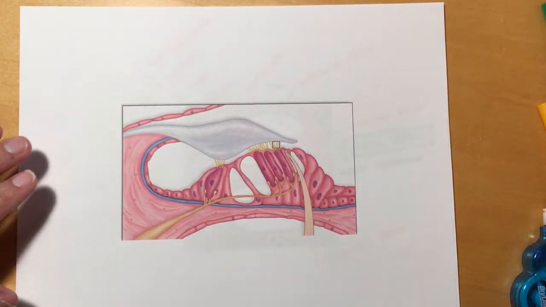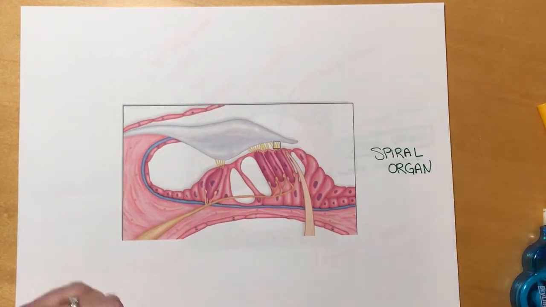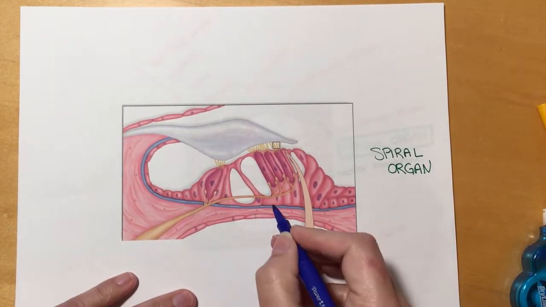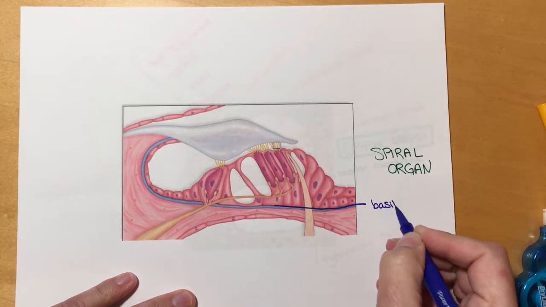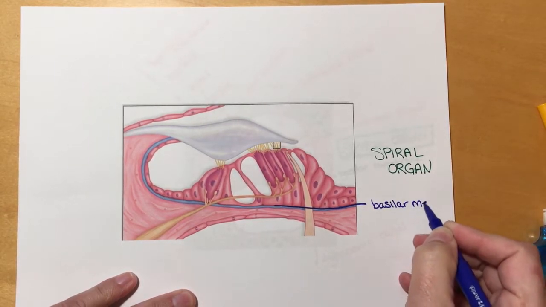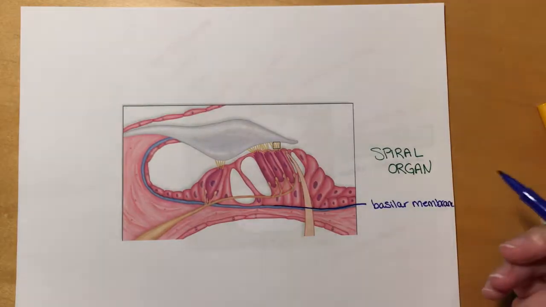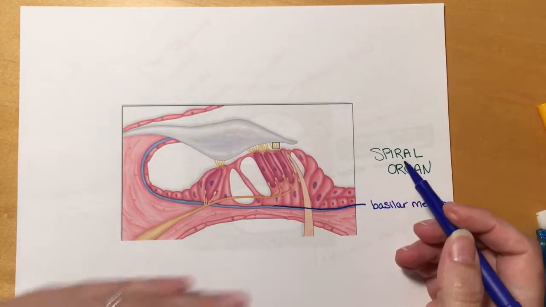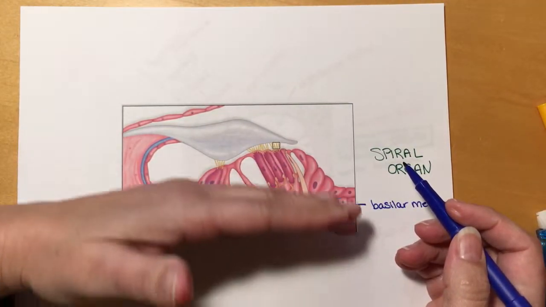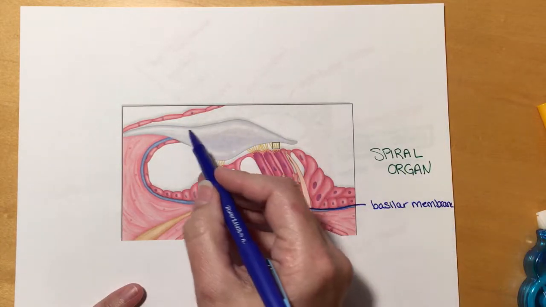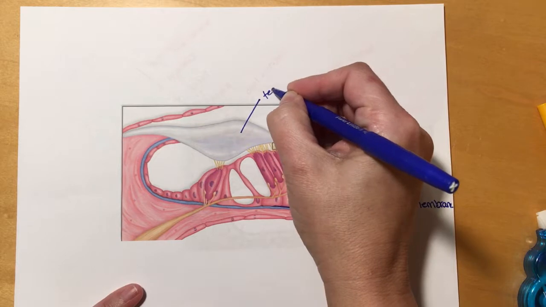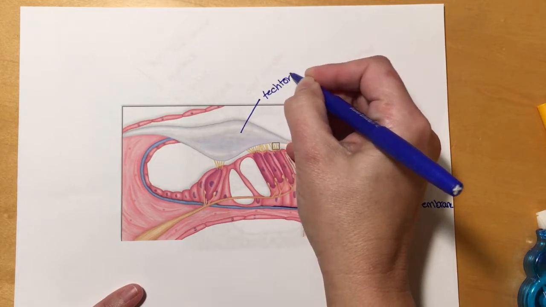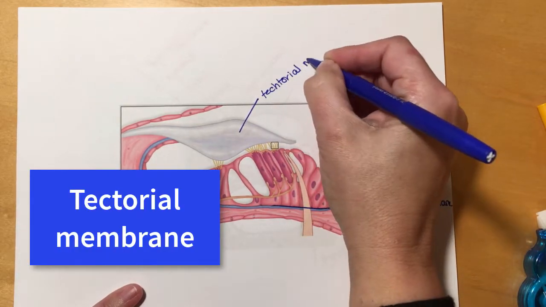Here's the spiral organ, and right here in blue, you can see the basilar membrane. Because of all the waves in the fluid, the basilar membrane is actually moving up and down. There's another membrane in here, right here. This is called the tectorial membrane.